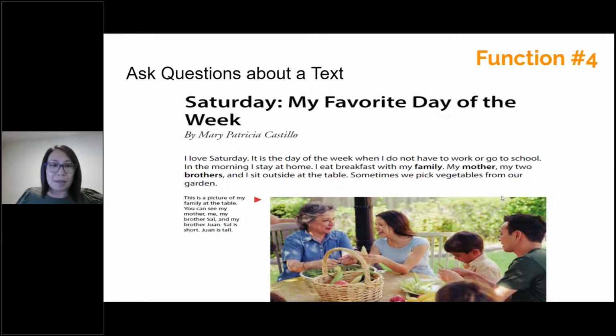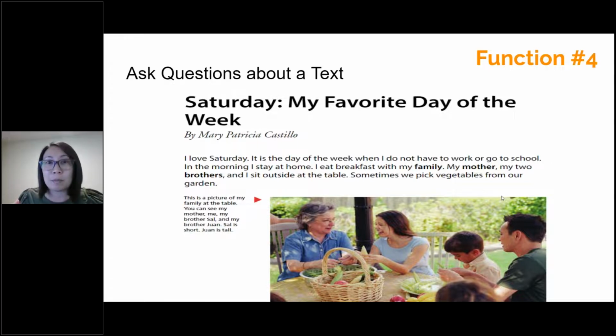So you can see my mother, me, my brother, and my brother again. So maybe this is one of the females or another boy in this picture, but basically they're introducing the family, right? What? It's breakfast. When? Maybe on Saturday, right? And then it's the day of the week where they don't have to go to school. Why, right? They're spending time with their family.